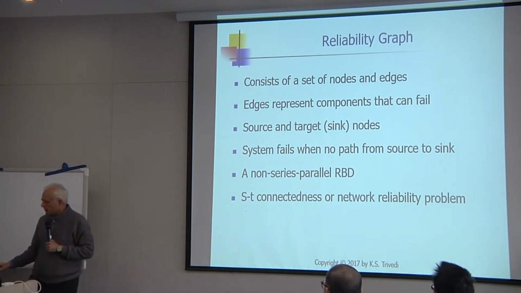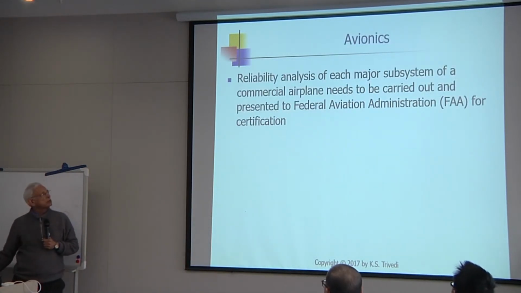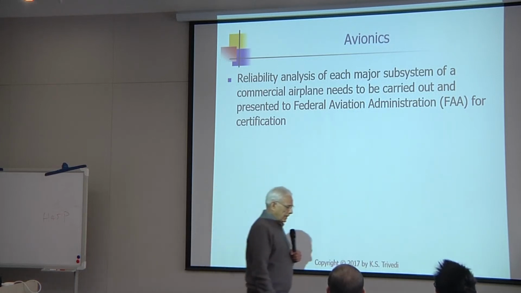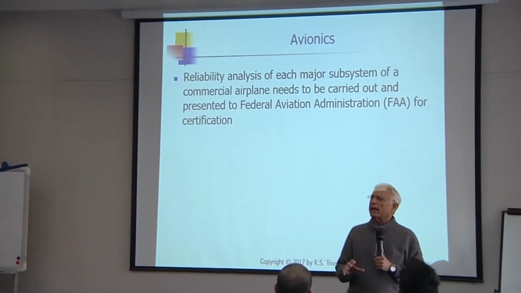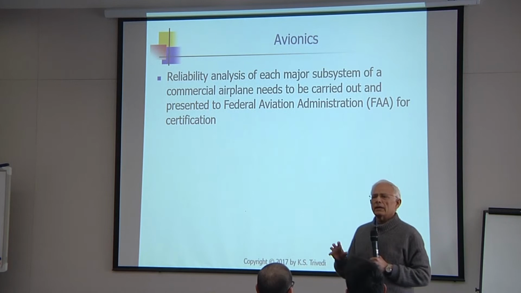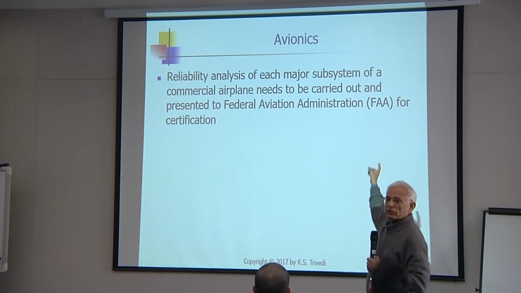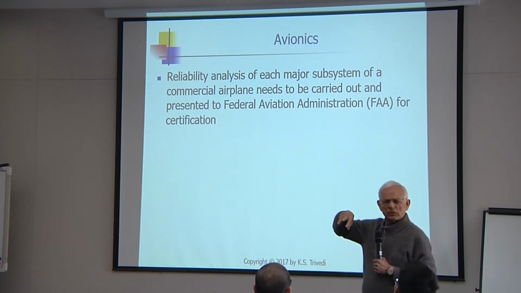And why do I talk about this? Because it was used for Boeing 787. So in avionics, commercial airplanes, whenever a plane is designed, they have to do a reliability analysis of each subsystem, and show this analysis to the FAA, Federal Aviation Administration, and there is something similar in China, I believe.